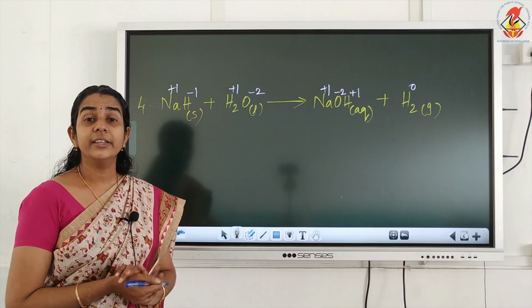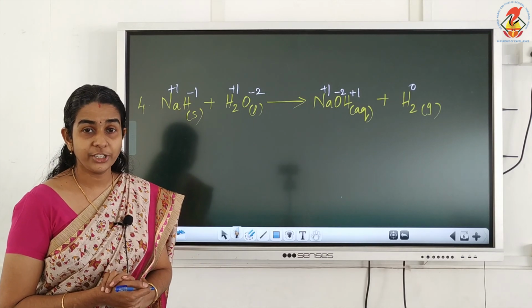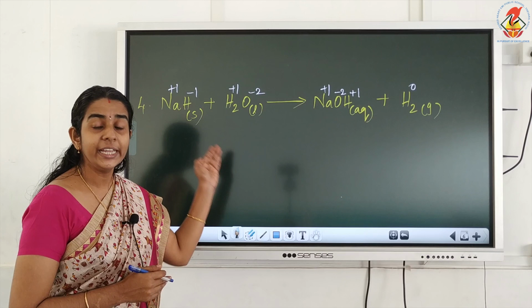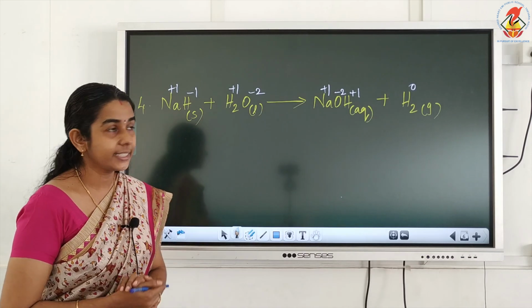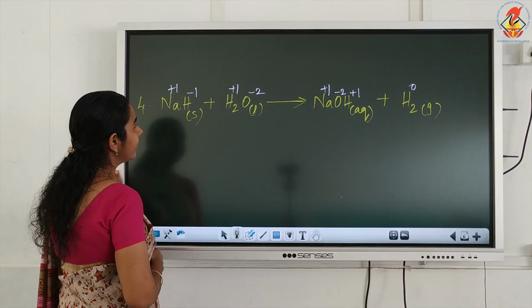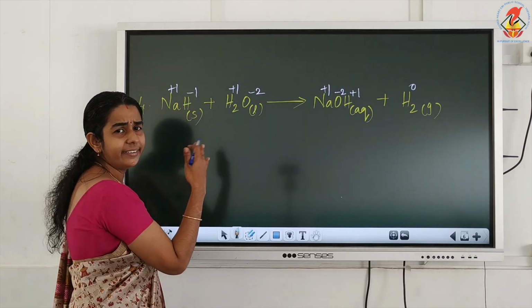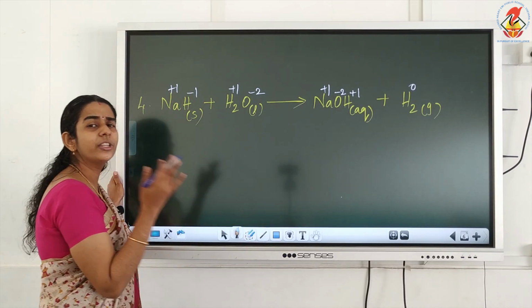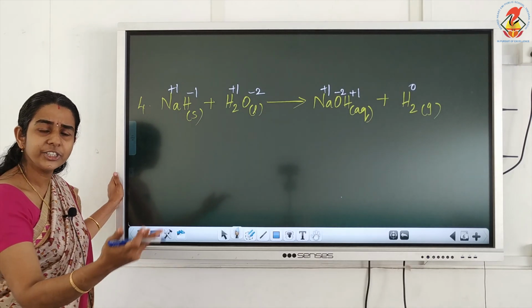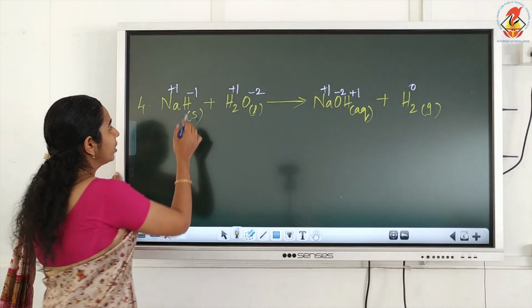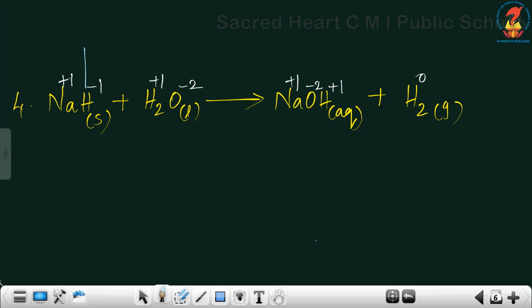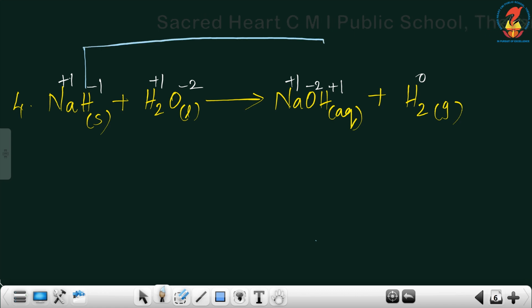So here there is only a change in the oxidation state of hydrogen between the left hand side and right hand side. So take any hydrogen on the left hand side and compare it with any hydrogen on the right hand side. If I am comparing this hydrogen with this hydrogen, what is the change in oxidation number here?